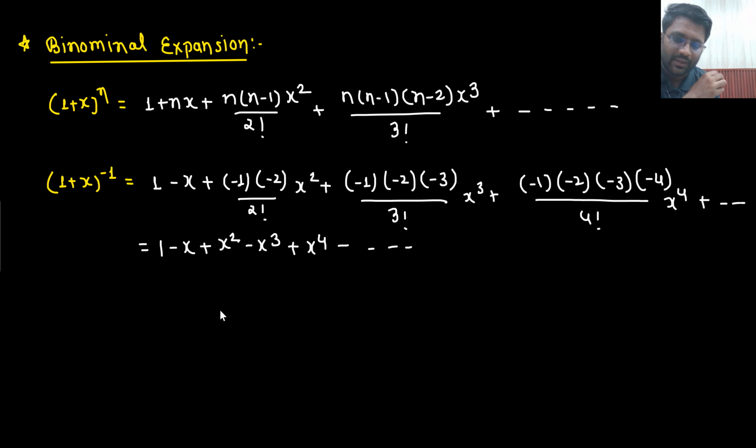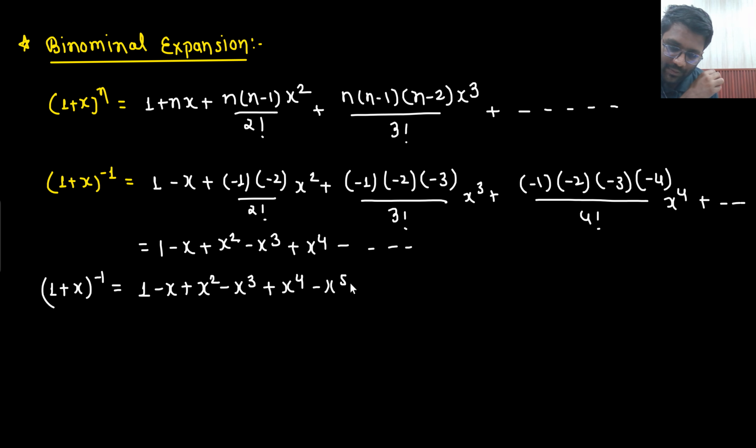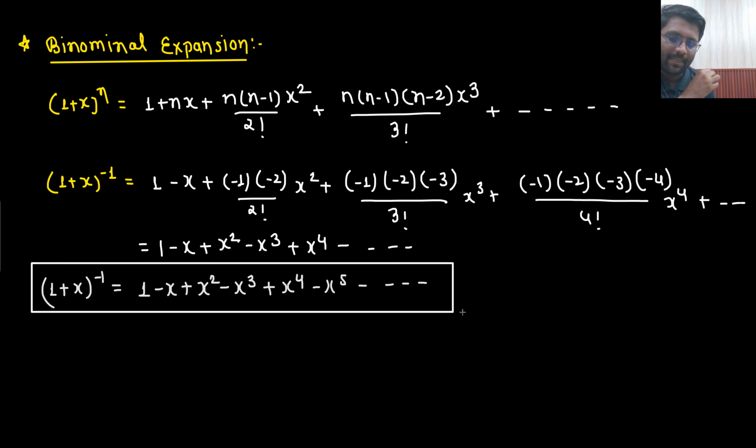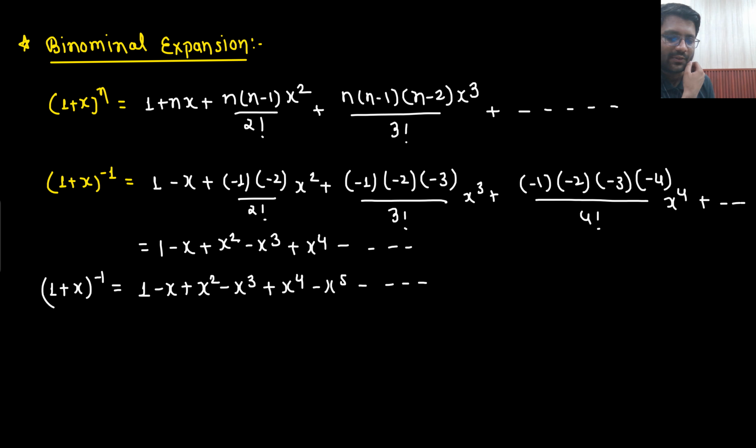The next would be negative sign. So basically the expansion of 1 plus x to the power minus 1 is coming out to be 1 minus x plus x square minus x cube plus x to the power 4 minus x to the power 5 and so on. This is the expansion we are getting for 1 plus x to the power minus 1.